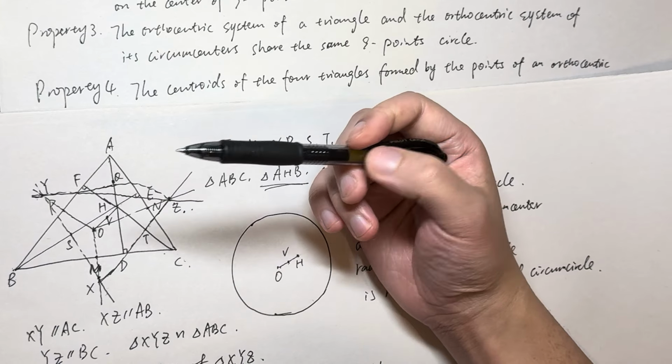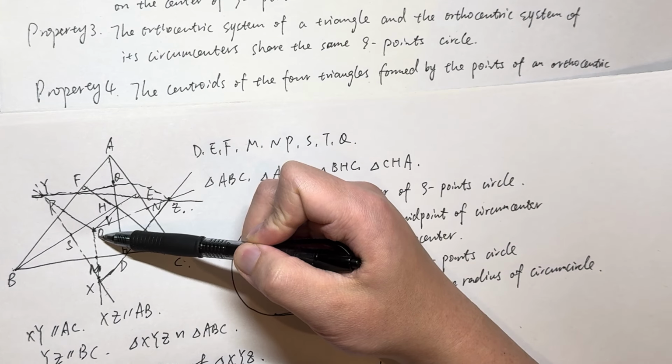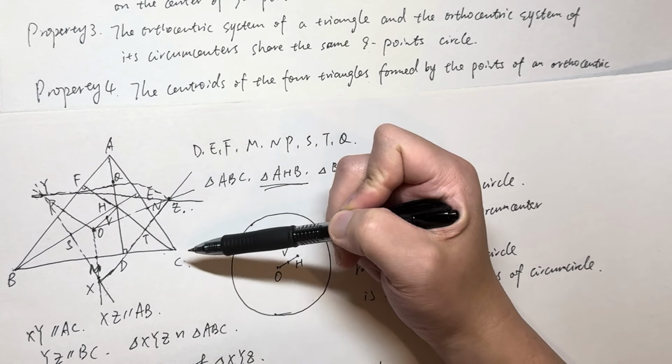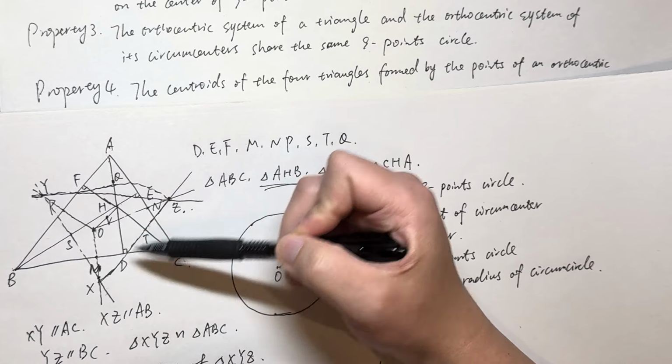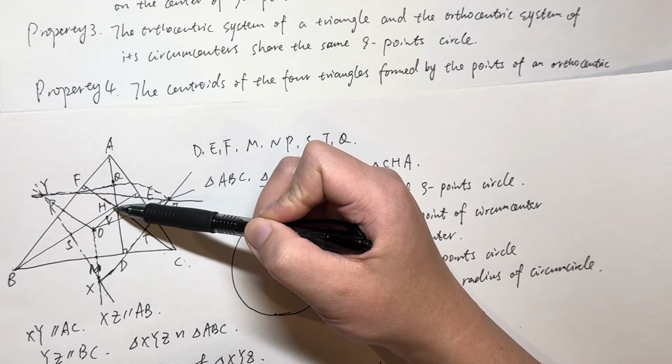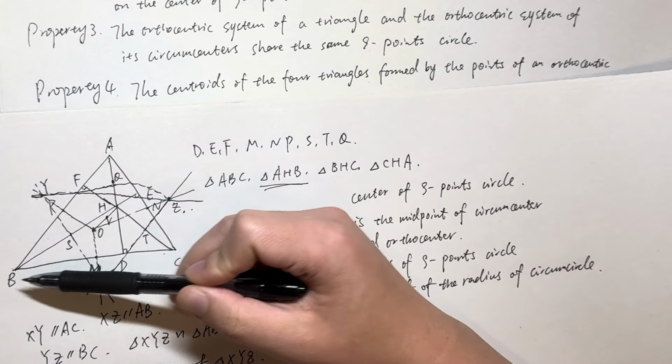We already proved that O is the circumcenter of the triangle ABC, and O is the orthocenter of the triangle XYZ. And we know that H is the orthocenter of the triangle ABC.